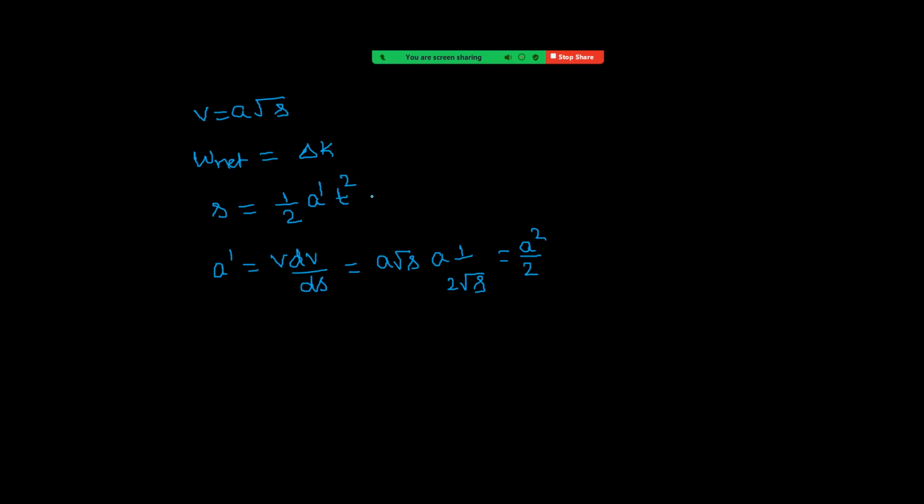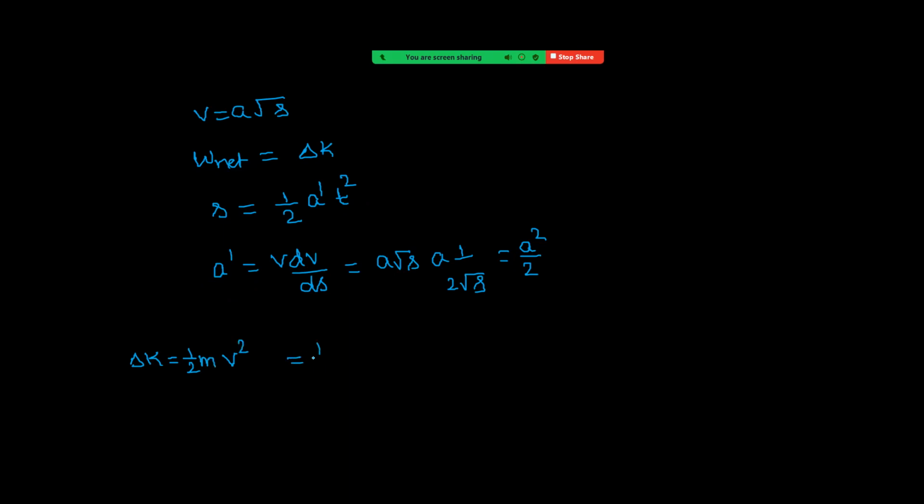Now I can find the displacement S equal to half a dash t square. Or I'm writing directly here delta K equal to half m v square.